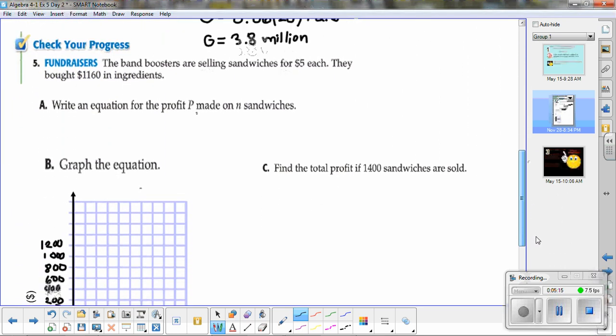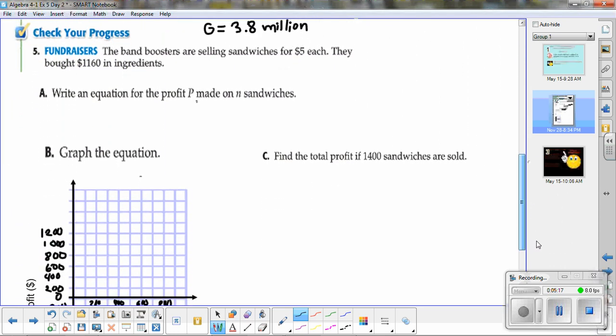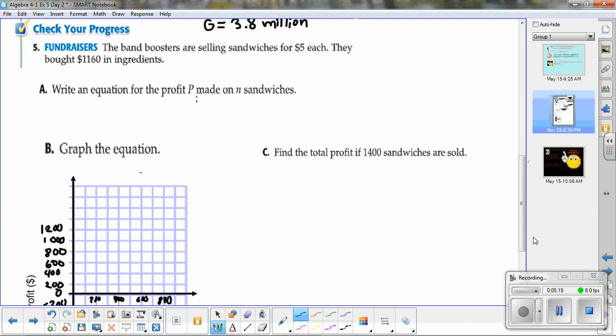Now you may want to pause the video and try this next example on your own. It says the Band Boosters are selling sandwiches for $5 each. They bought $1,160 in ingredients. Write an equation for the profit P made on N sandwiches.